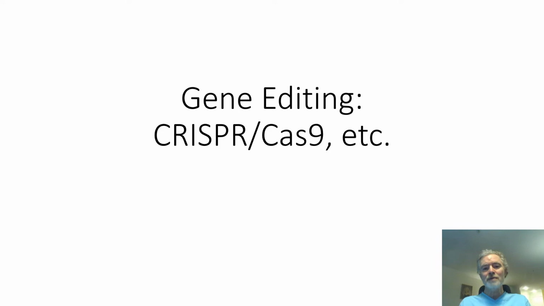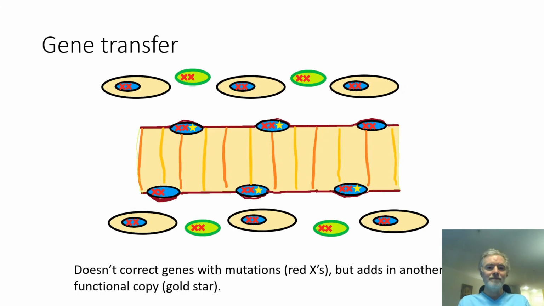So this is about gene editing. You might have heard of CRISPR-Cas9, and so I'm going to talk about that and some general concepts on gene editing and sort of where we are now and what some of the limitations are.